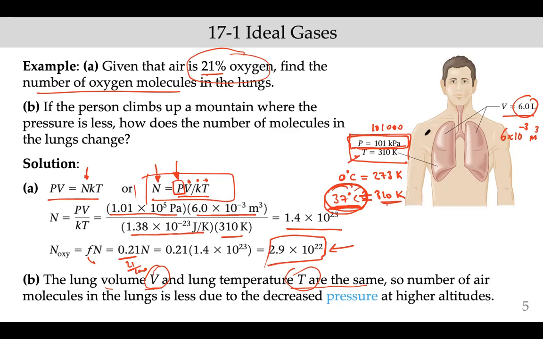So at low altitude, you have more molecules because the density of the molecules is large. But at high altitudes, I'm going to exaggerate, you have fewer molecules like this. So it's less dense, it's dilute. And this is in fact why you have a hard time breathing at really, really high altitudes.